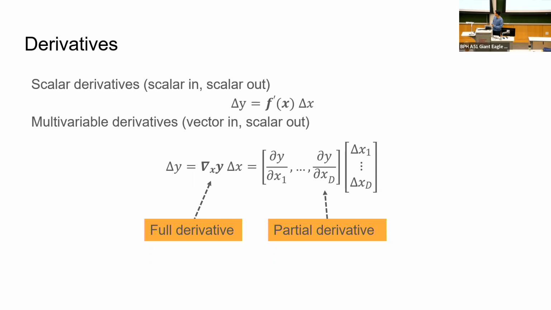This can be represented as a matrix, with each element being the partial derivative of y with respect to xi: del y by del x1, x2, x3, and so on. This really captures the essence of how the different elements of x make a difference in the value of y, and we need this while calculating the gradients.